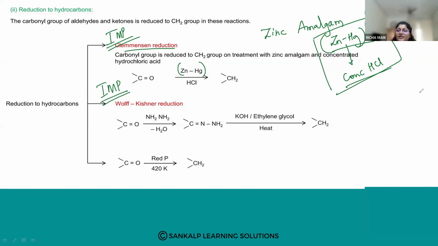Then the next one is the Wolff-Kishner reduction. Which is the agent here?